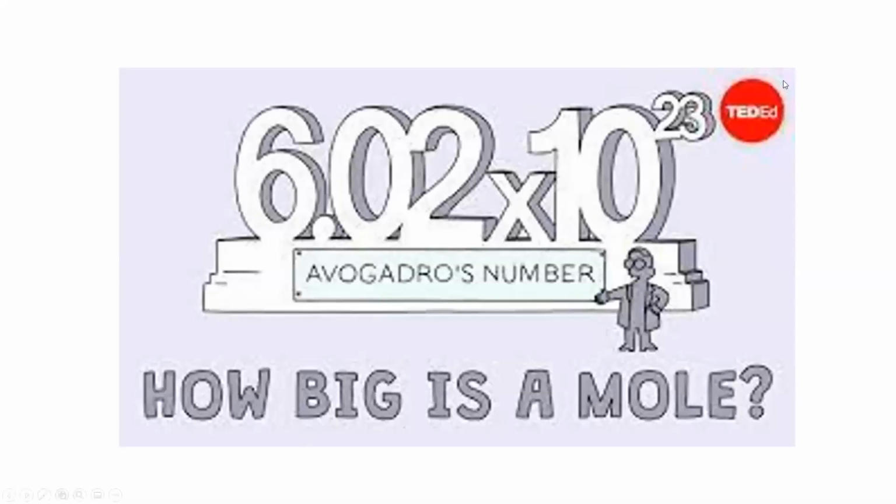And we can say that 1 mole, that is what we call Avogadro's number, is 6.02 times 10 to the 23. Don't forget about this number because we are going to use it a lot in chemistry.